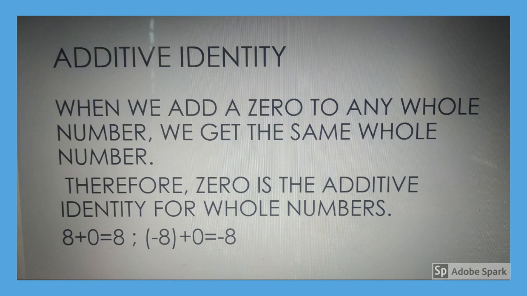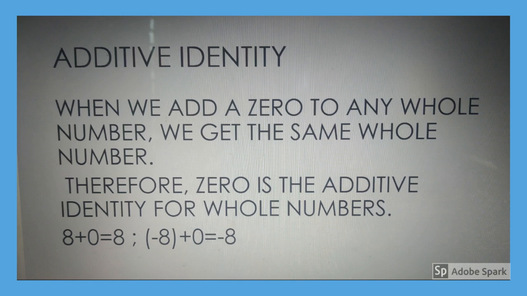Okay guys, so now let's learn something called additive identity. Let's read here. When we add a 0 to any whole number or any integer, we get the same whole number. Therefore, 0 is the additive identity for whole numbers.